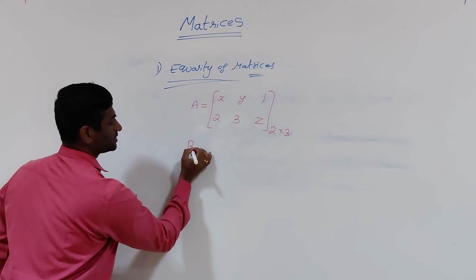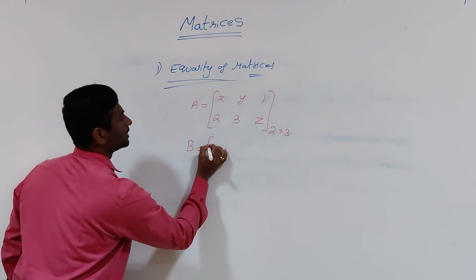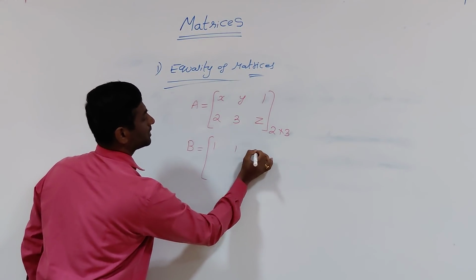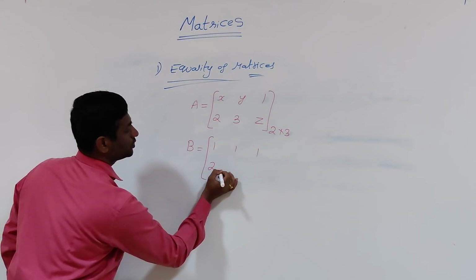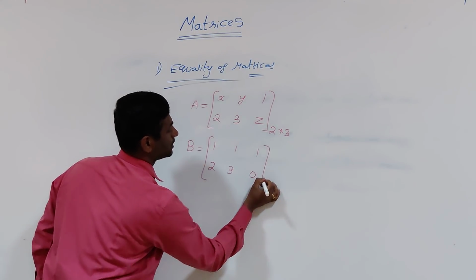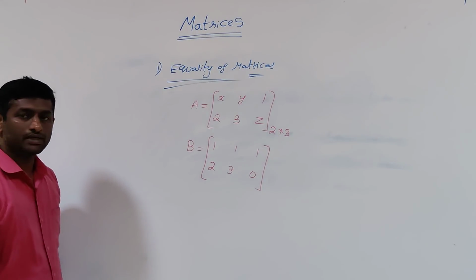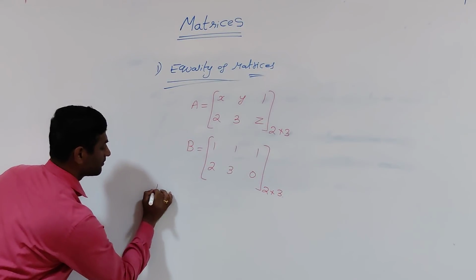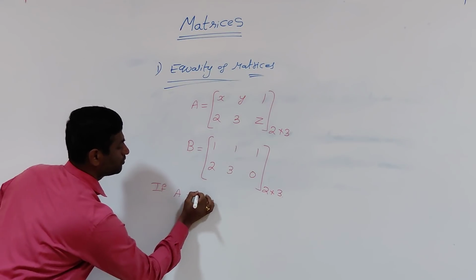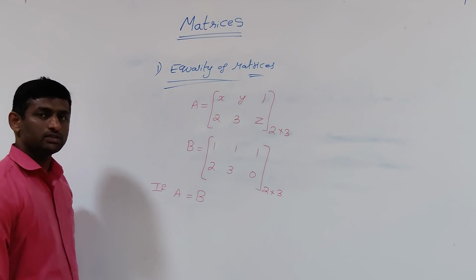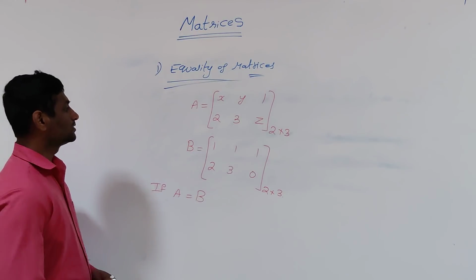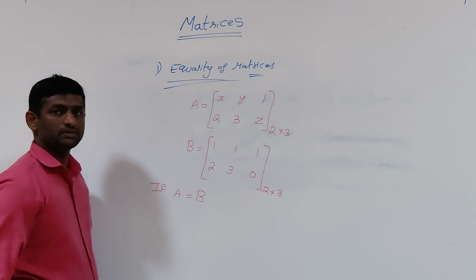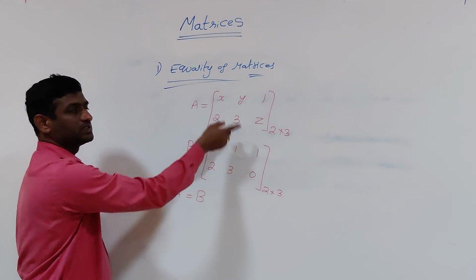One more example, we will take one more matrix, that is B equal to 1, 1, 1, 2, 3, 0. So this is another matrix which is of the same size 2 by 3. Now if A is equal to B, can we say A is equal to B? Yes, because the two matrices are of the same size and the corresponding elements should be the same.